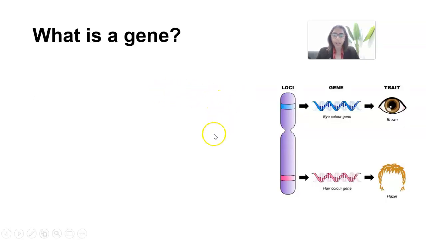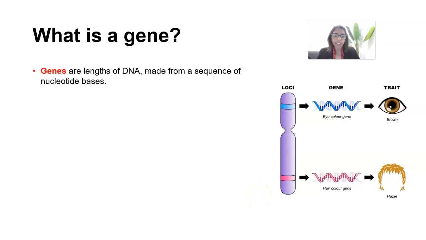So we're going to just step back from looking at that process for a second and look at what a gene is. Now here in this little cartoon diagram, we've got a picture of a single chromosome with sections highlighted. So a gene is a section of DNA, and we know that DNA is wound up into chromosomes, so it's a section of a chromosome and DNA, and it forms a sequence of nucleotide bases.